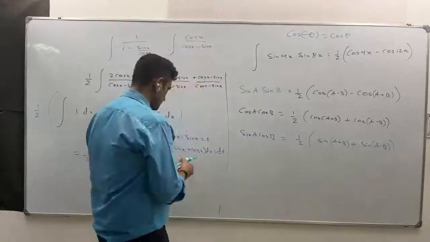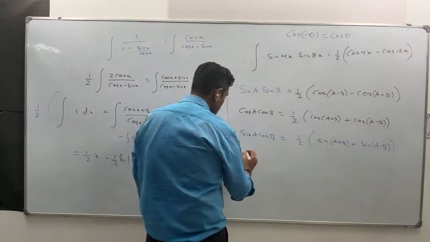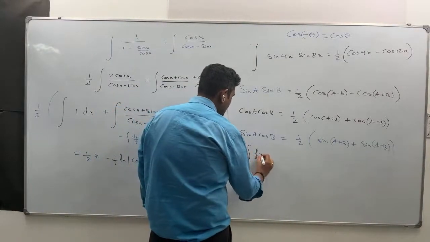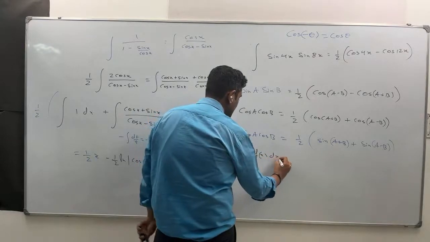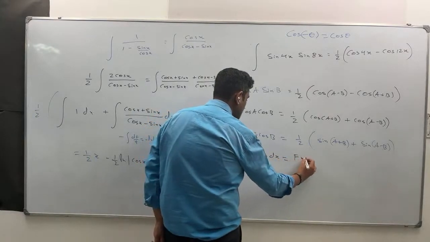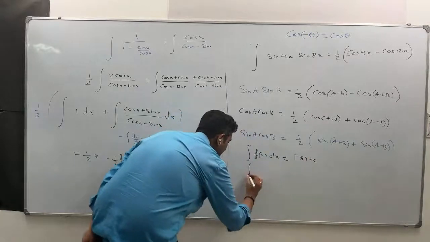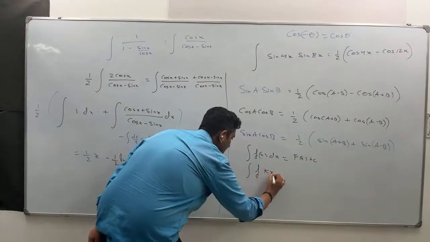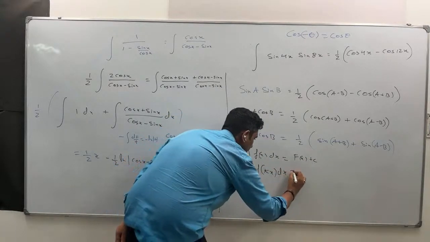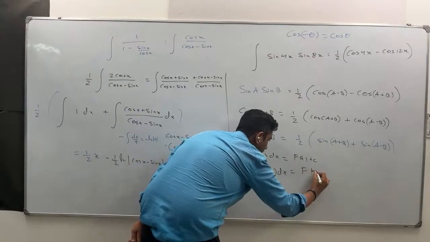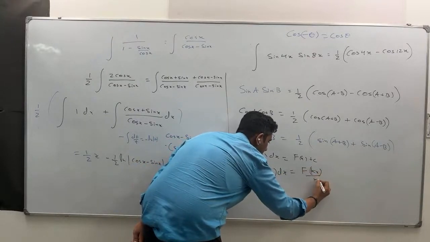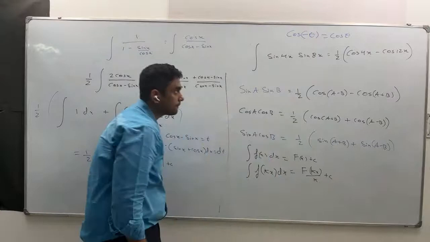In general, remember this: if the integral of f of x dx is capital F of x plus c, then the integral of f of kx dx will be F of kx by k plus c.